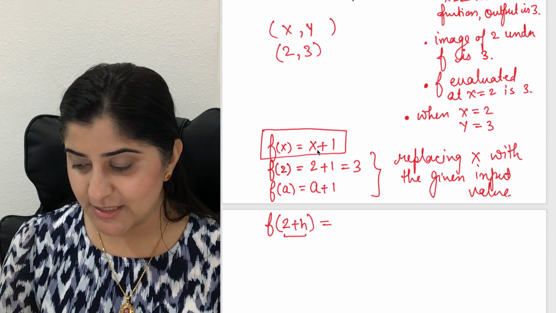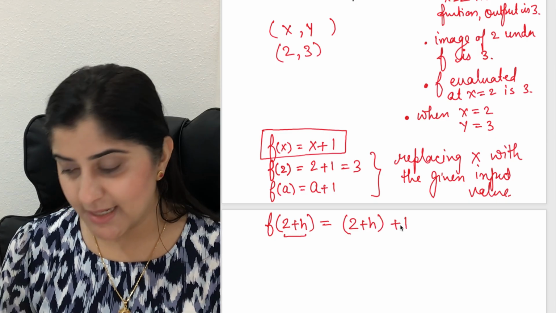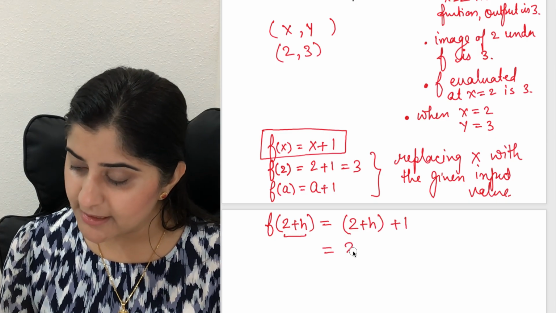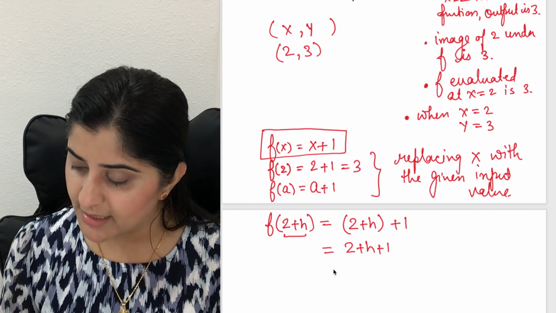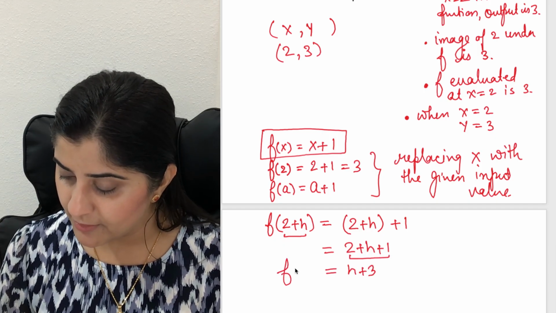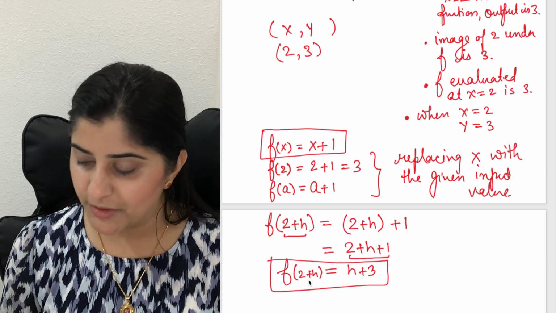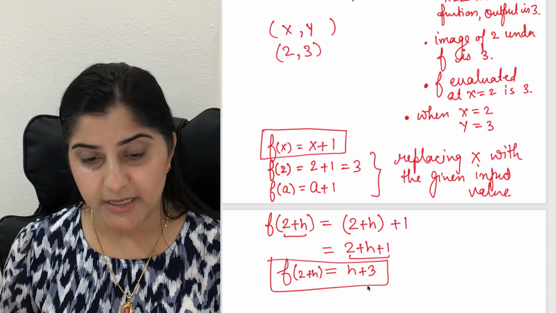So how is this machine working? Input plus 1, and this is giving you the output. And we can simplify this. We can open the bracket and combine like terms, and we can say f of 2 plus h is equal to h plus 3. When you input 2 plus h, the output will be h plus 3.